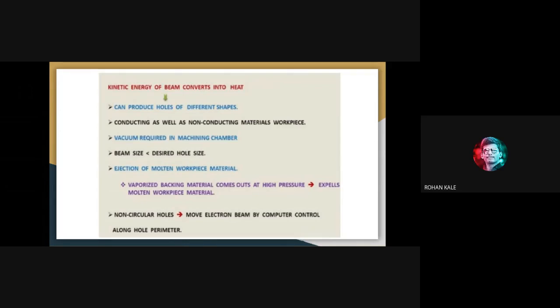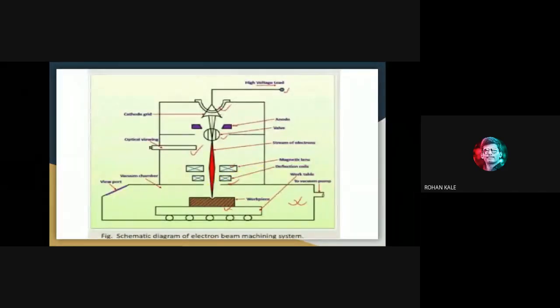In this schematic diagram of electron beam machining, the machining chamber should be a vacuum chamber, because when the electron beam travels, if air is there in the chamber, the electrons will collide with the air molecules. So the electron beam strength will be reduced.